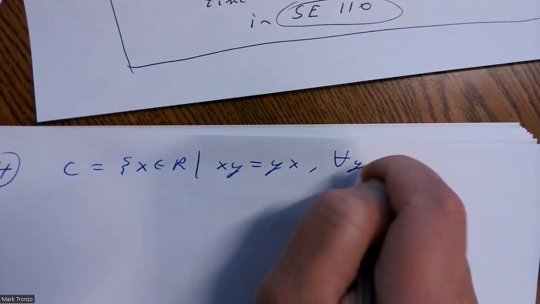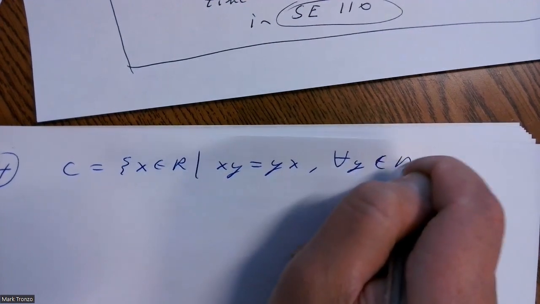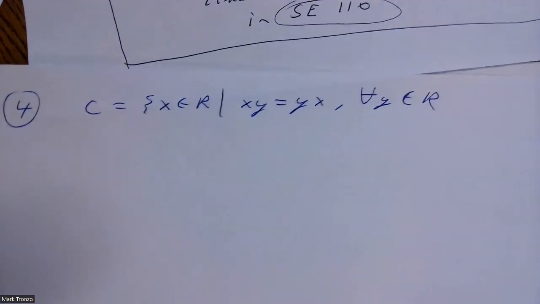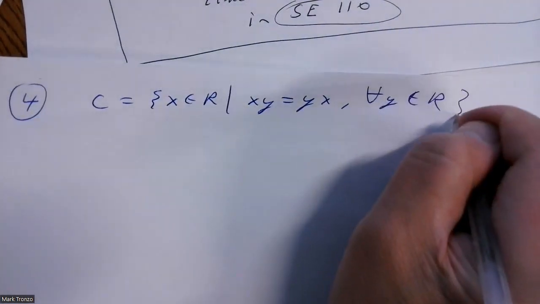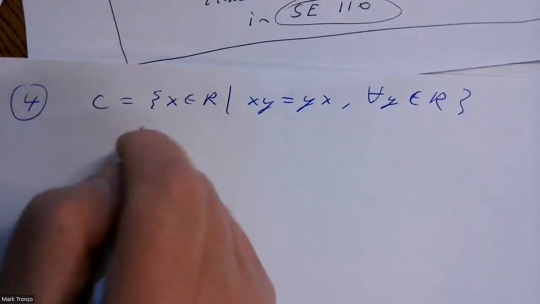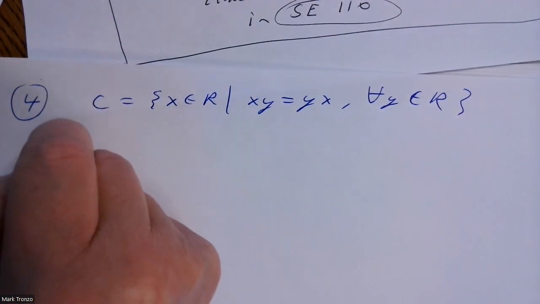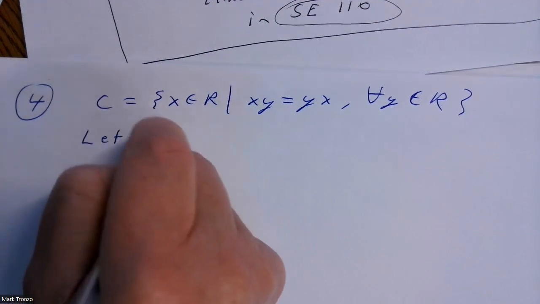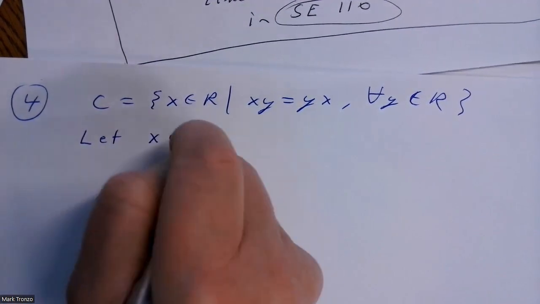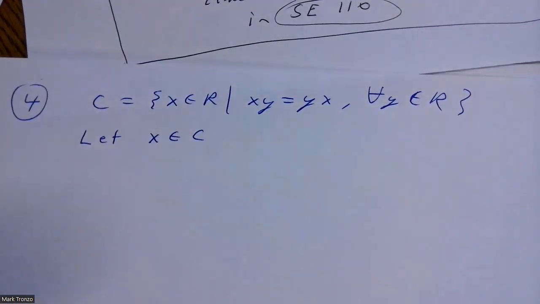That's it for all R. So what we have in this case, so this is really saying, so therefore, let X be in that group, the center. Then what does that mean?